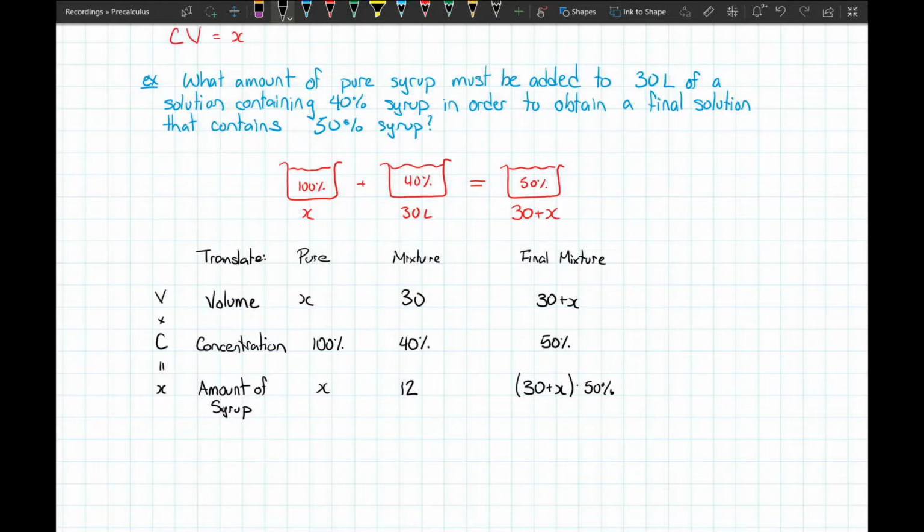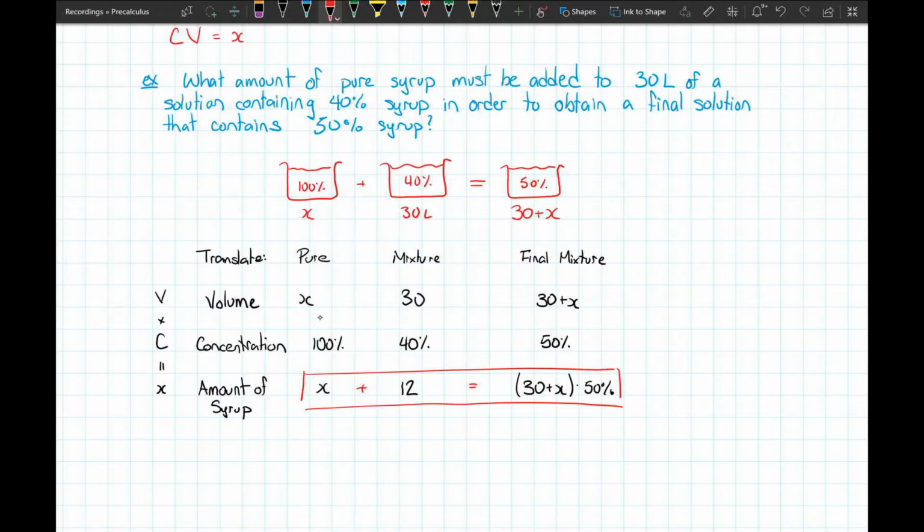Now, once again, all of the amounts should be able to add up and create an equation. X amount of pure syrup plus 12 liters more of pure syrup should equal 30 plus X liters of 50% concentration syrup. And this is an equation right here that we can use to solve for X. Now this table, depending on the kind of question you're given, may have the unknown quantity in any one of these many places, especially on the top two rows.